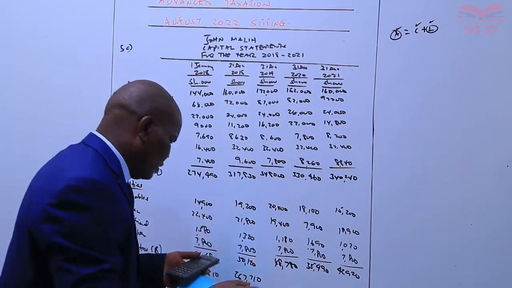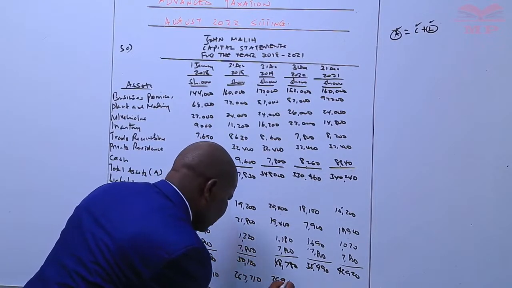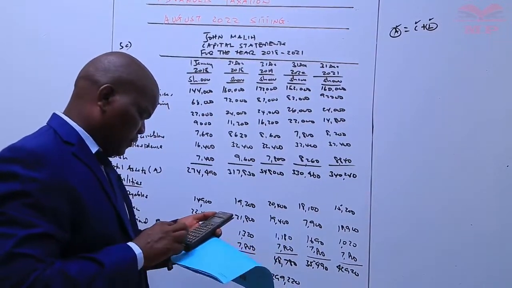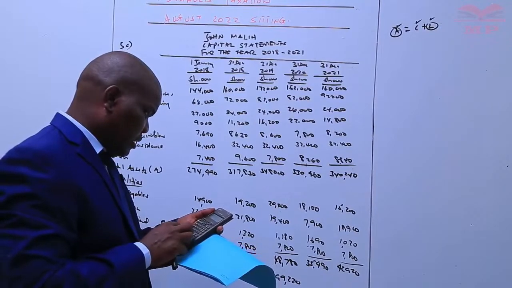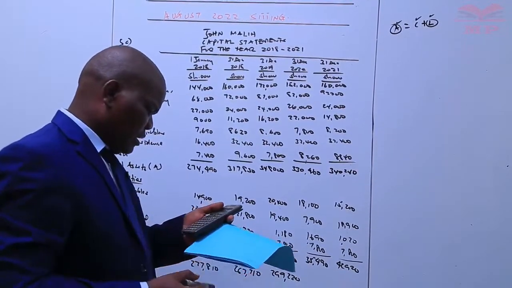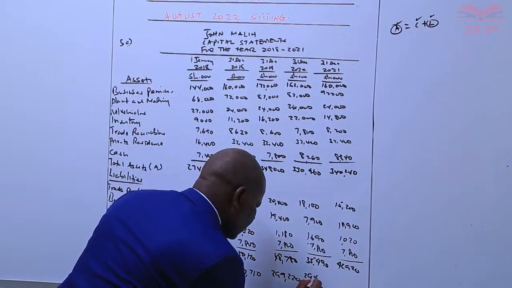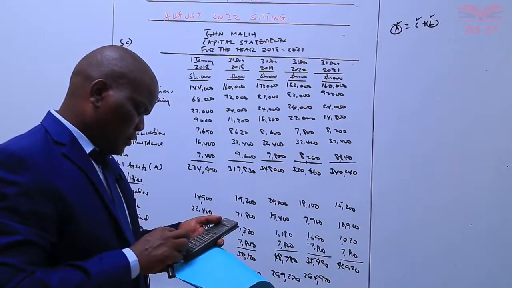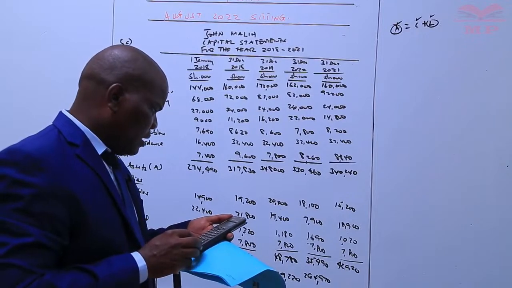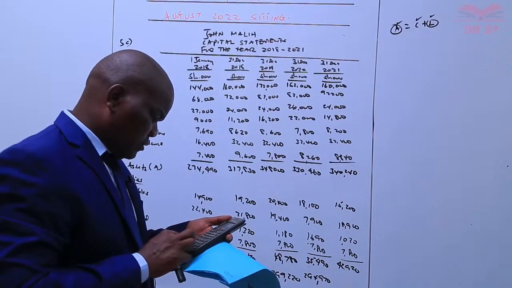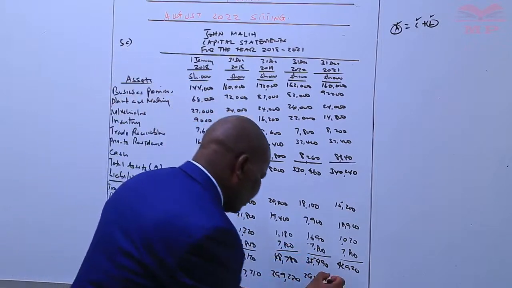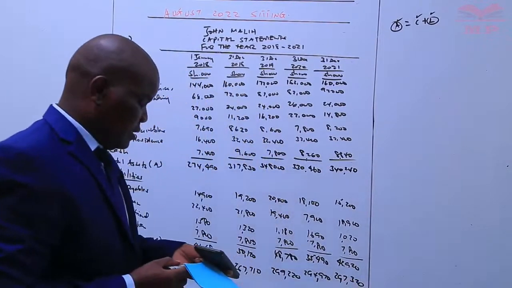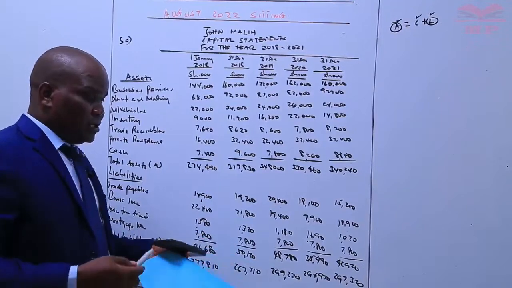I get 299,220. Next, 330,460 less 35,490. I get 294,970. And lastly, 340,240 less 42,920. 297,320.